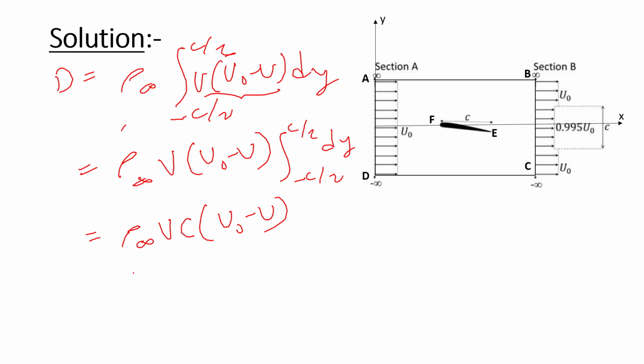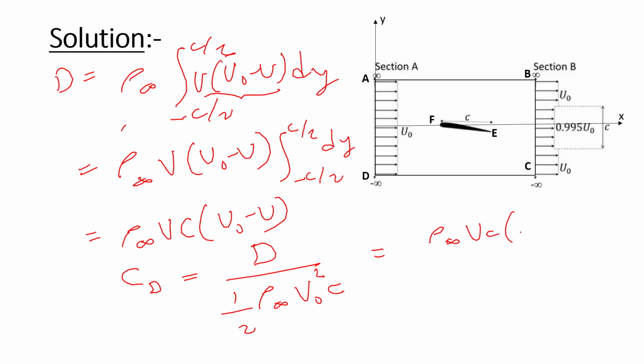So coefficient of drag CD will be D upon half rho infinity u naught square c, as we have taken the unit length in z direction, equal to rho infinity u c (u naught minus u) upon half rho infinity u naught square c.